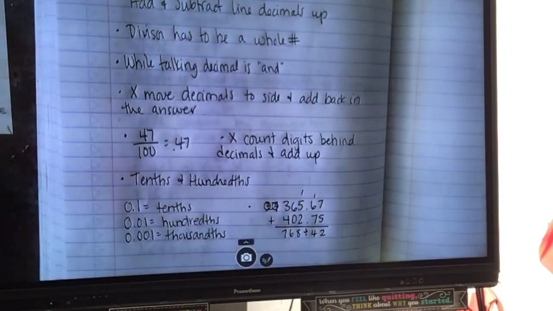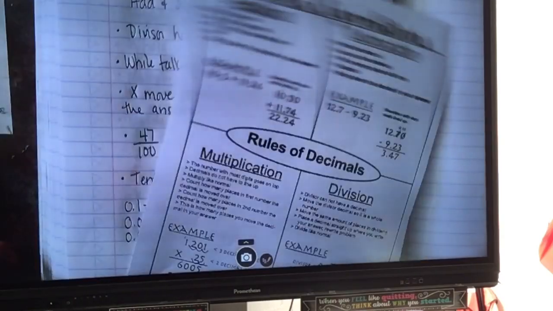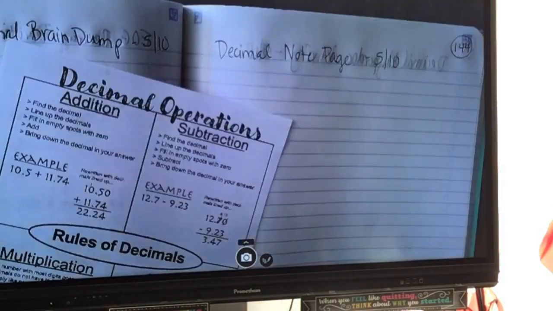Alright, you need a highlighter or a marker or a colored pencil, and grab the little half sheet of paper that I passed out to you guys, and slide your paper over.